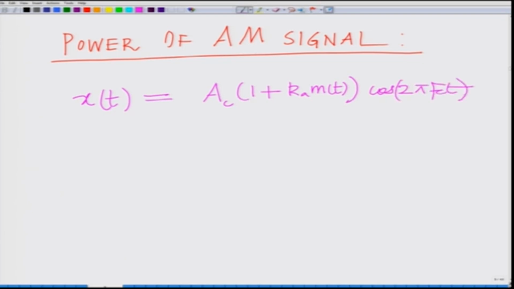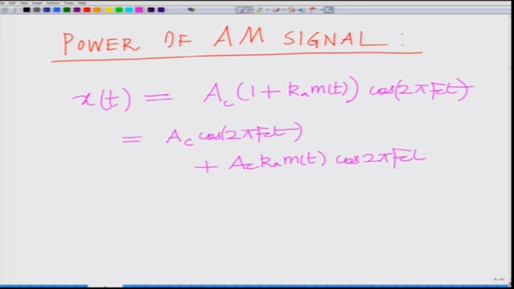into cosine 2 pi f_c t, which is the carrier component A_c cosine 2 pi f_c t plus the message component, that is a carrier modulated with the message, that is A_c k_a m(t) cosine 2 pi f_c t, correct.